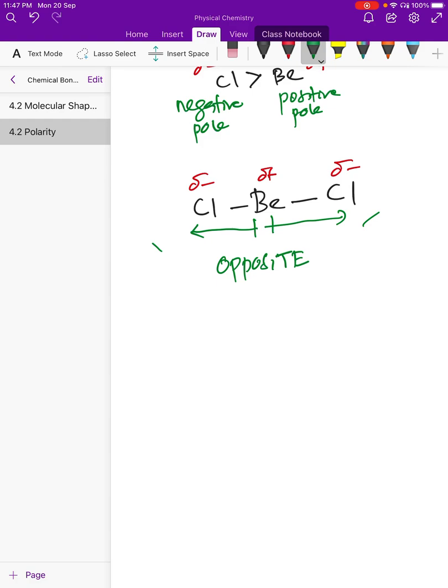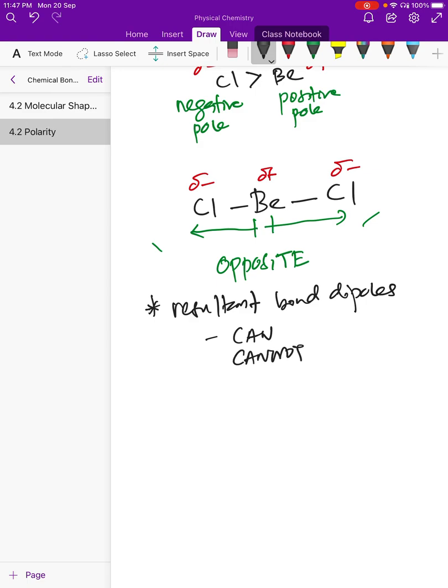And the next question we should ask, resultant bond dipoles, what happened to them? The question is whether they can or they cannot cancel each other.